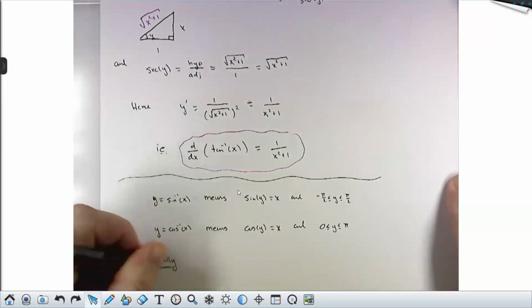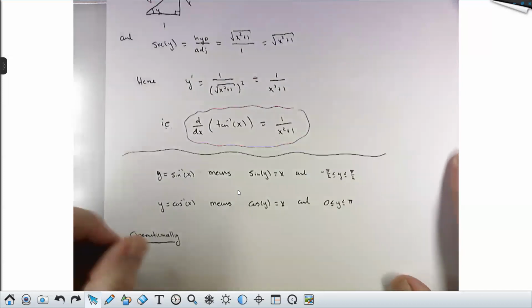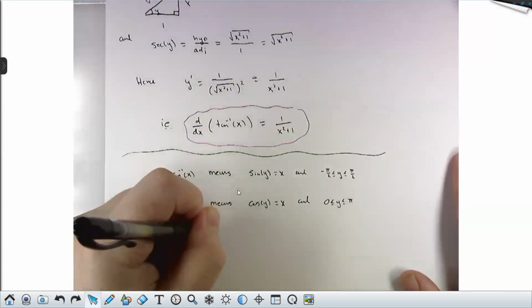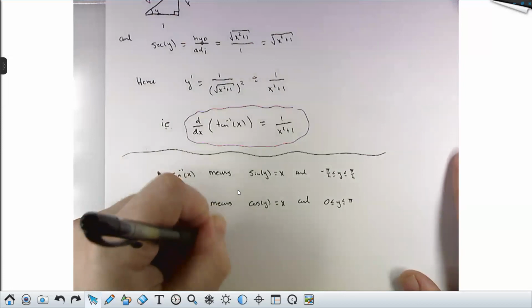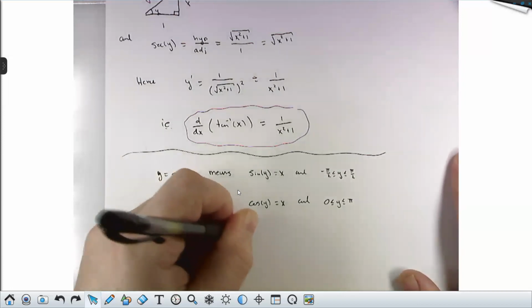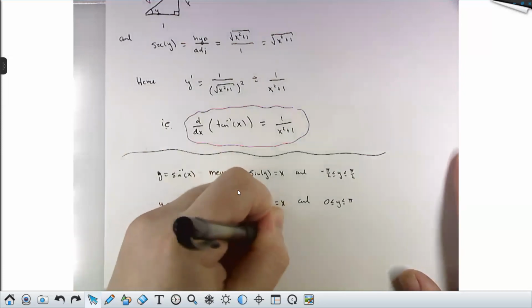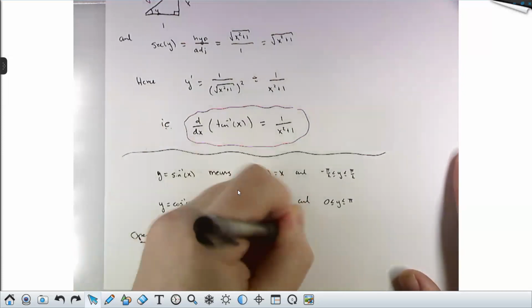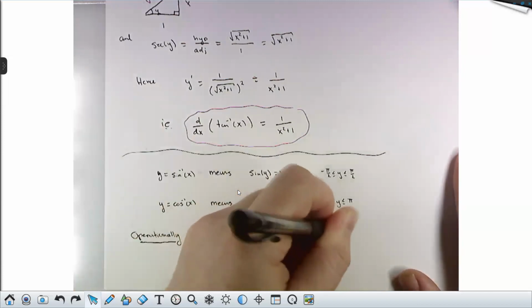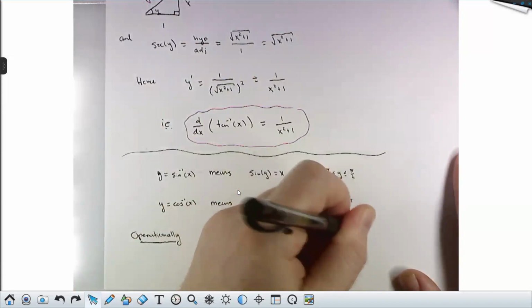So when you guys first learned about these things in trig class, usually we do something like this, right? We would say y equals sine inverse of x, and then you would take sine of both sides or something like that. So sine of y is equal to the sine of the inverse sine of x.